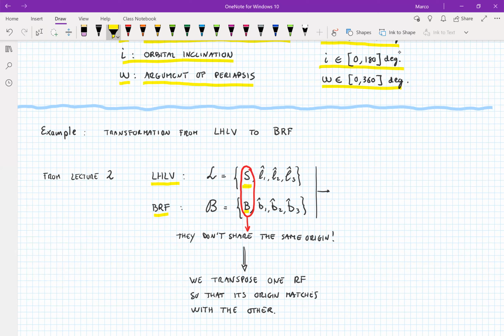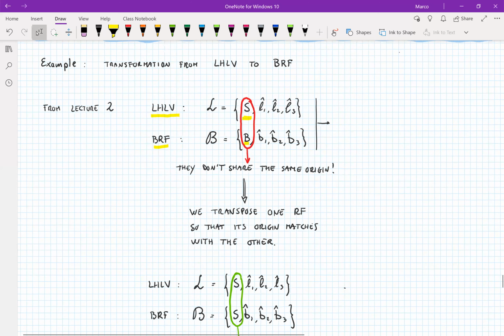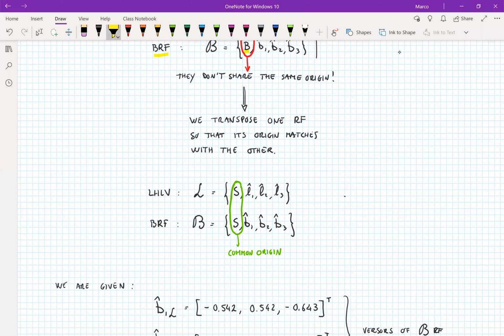And in this case, we're going to transpose, so we're going to move the body reference frame to the origin of the local horizon, local vertical. So they're going to share the same origin. Because once again, these rotations and these transformations between reference frames only make sense when we are considering frames that share the same origin.